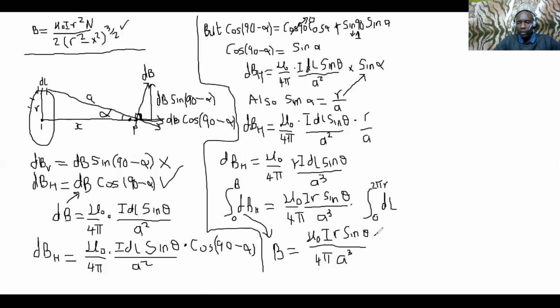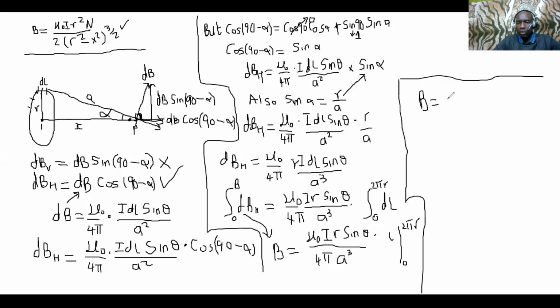Integrating here, we are going to get L with limits from 0 to 2 pi R. Now inserting the limits in our expression, we get B equal to mu naught I R sine of theta, divided by 4 pi A cubed, multiplied by 2 pi r.